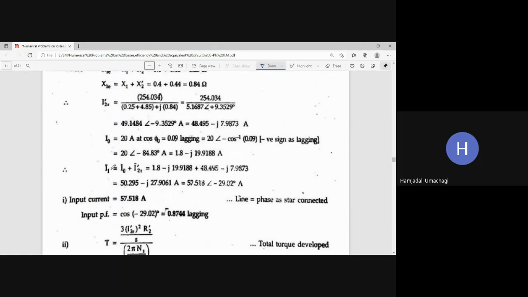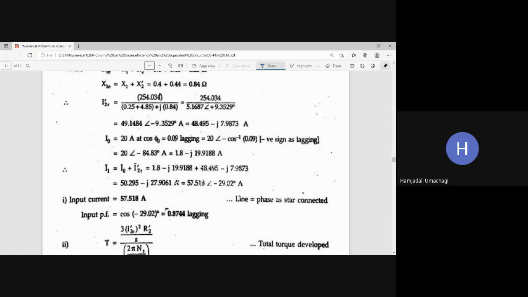Now the stator current I1 is equal to the no load current I naught plus I dash 2R, the reflected stator current. I naught is 1.8 minus j 19.9188, and since the operation is addition, we should consider rectangular form values, the real and imaginary parts. Adding the reflected stator current I dash 2R, whose real part is 48.495 and imaginary part is minus j 7.9873, we get the stator current I1 equal to 50.295 minus j times 27.9061 ampere.